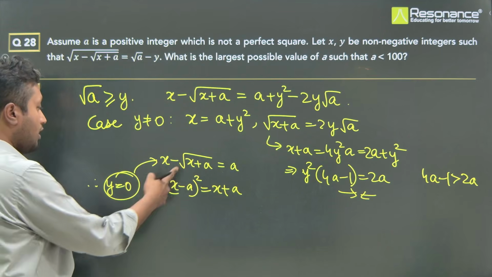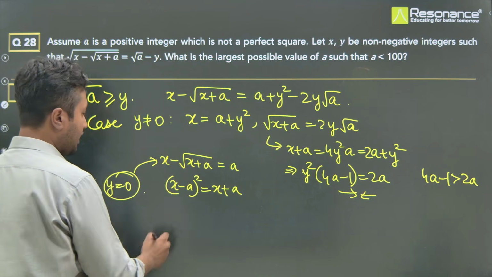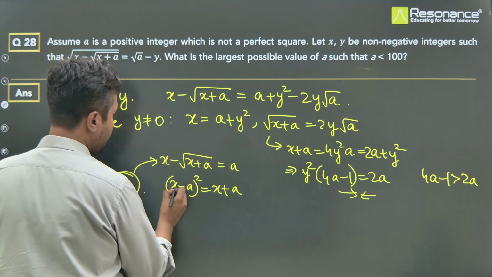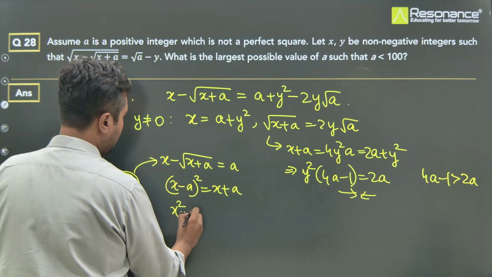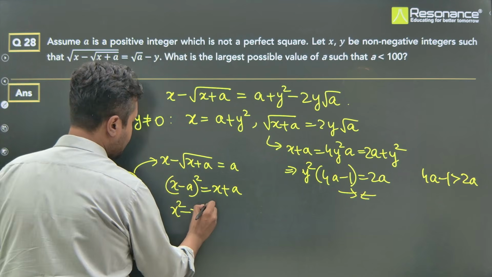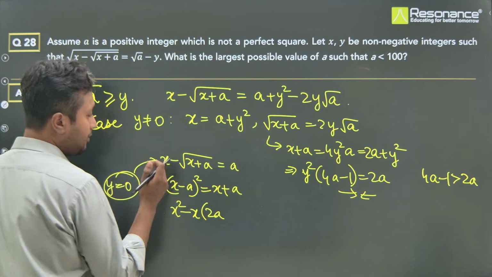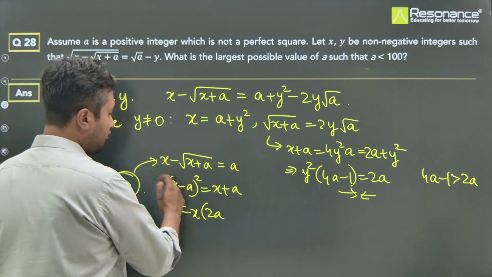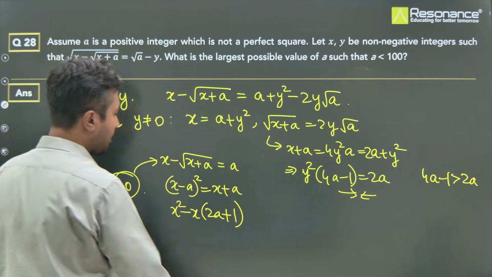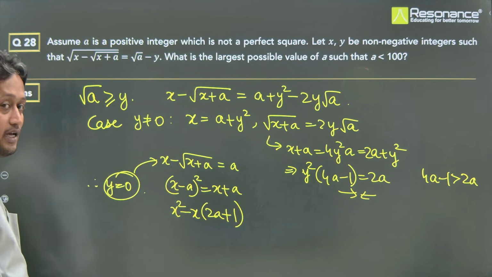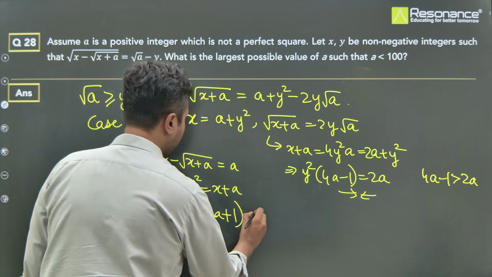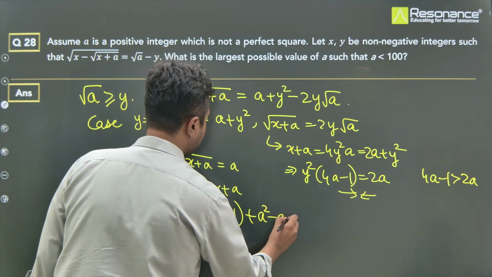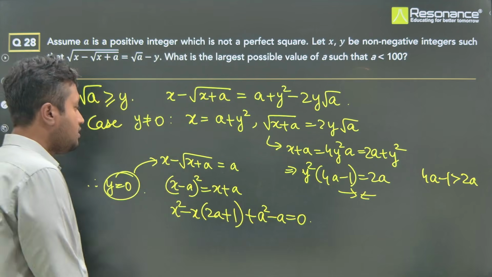That would remove the square root and cancel out the square. So you would have x square minus x into 2a coming from the cross term over here. From there you'll have one more x coming, but we already have the minus sign out, so that works out. So a square minus a is equal to 0, right?